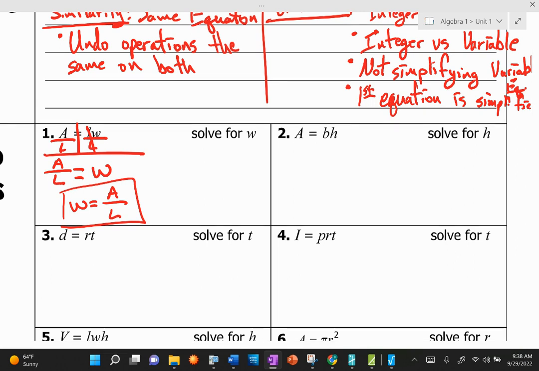Number two. So number one was the area of what kind of shape? Square. Okay. Could be a rectangle, right? So number two, okay, is the area of what? We got base times height. Almost.